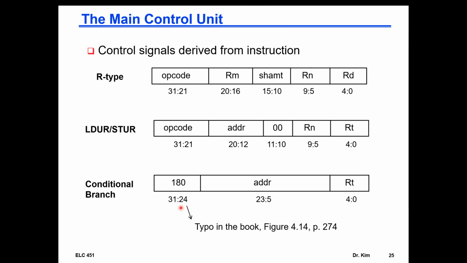And here we have a note that there is a typo in the book for this figure, which is 4.14 in page 274. But the opcode is going to tell us for the main controller which type of instruction we have. So that becomes the input to that main controller combinational logic.